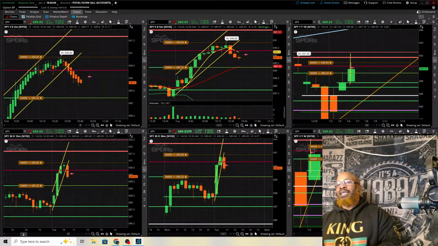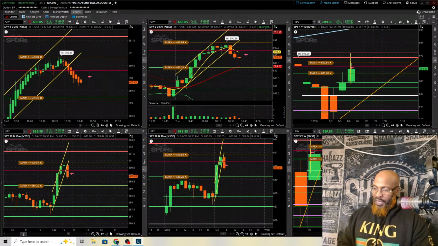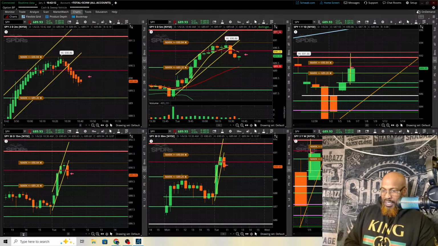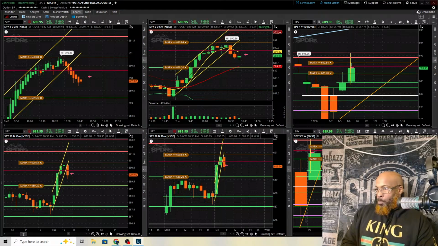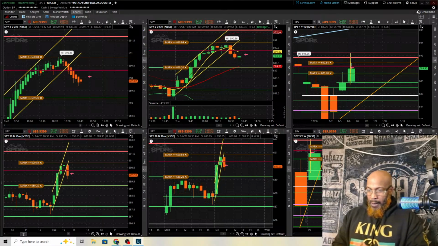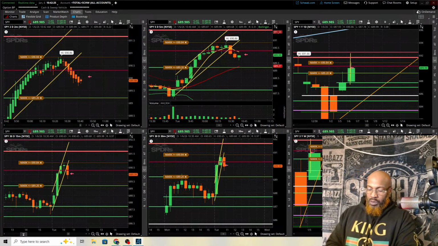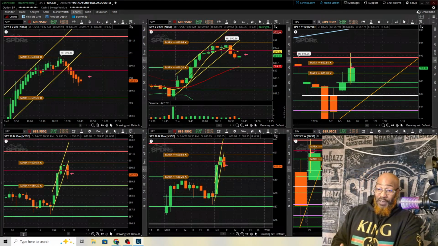This was a whole lot easier, safer move. And again, not calling for a reversal or anything like that. Just taking advantage of this dip, taking advantage of this double top. That's all. Taking advantage of this possible 3-candle reversal on the 15-minute chart.